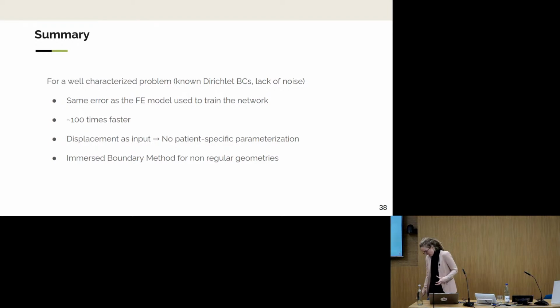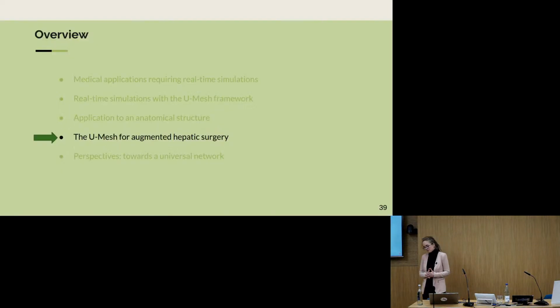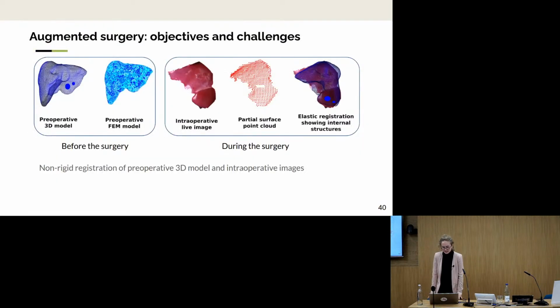Now, what happens if we want to consider a more complex scenario with noise, etc., like building an augmented view of liver surgery. So let me first explain how we usually do it.